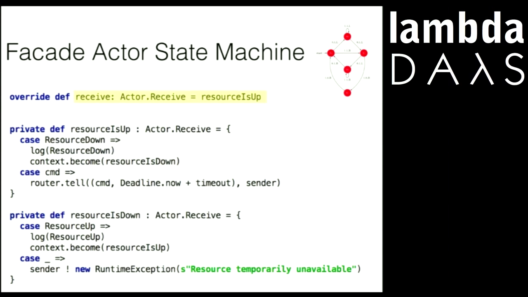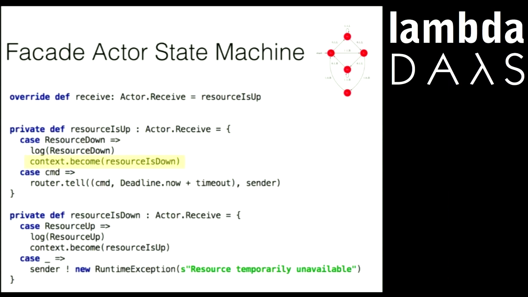What it gives us is that our actor can have an internal state machine. So I start the Facade actor in a state I called resources up. When you look at resources up, it's just a partial function. When we get a command, it will just forward that command to the router.